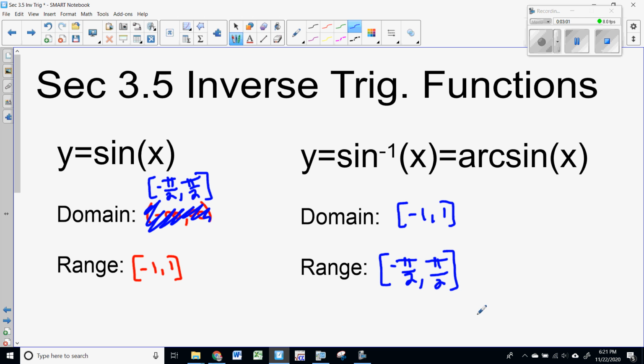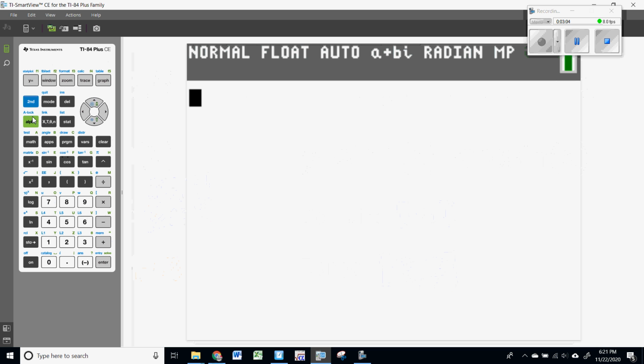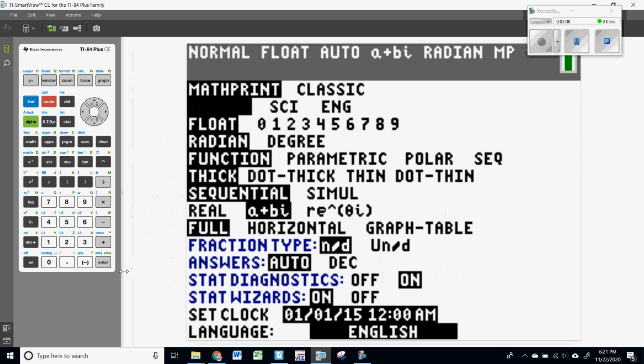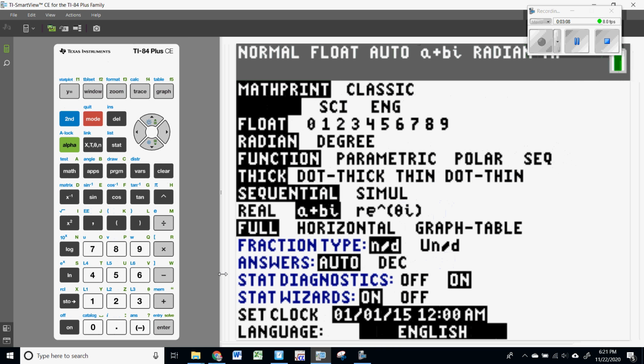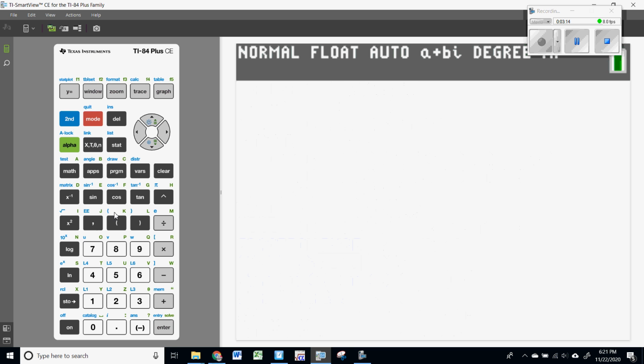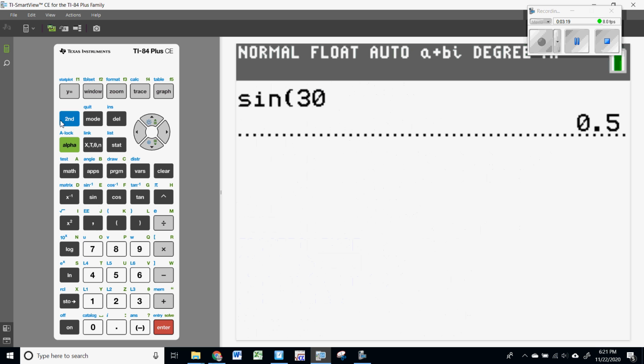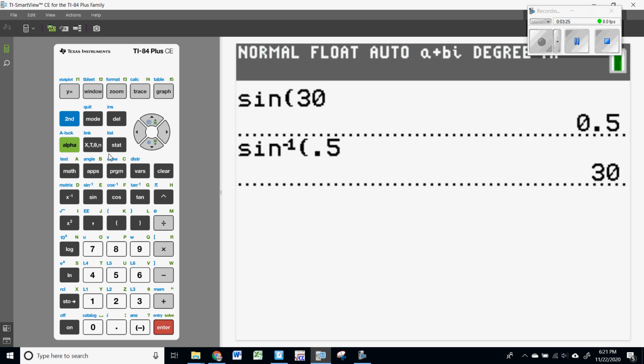To help you remember what that means simply on the calculator, I'm going to put our calculator into degree mode. We understand degrees better, so let's understand what this means. If I take the sine of 30 degrees, and then I take the inverse sine of that answer, I get back 30.